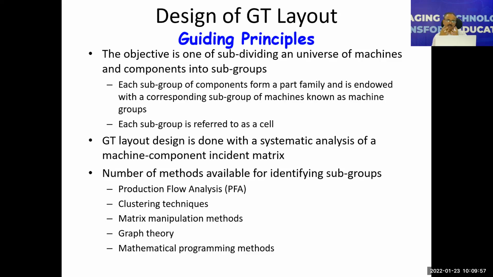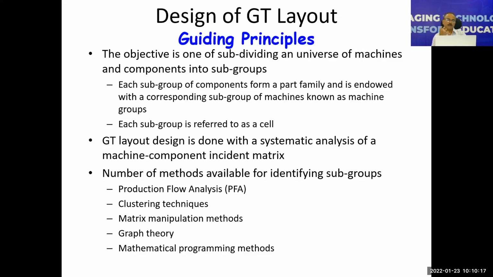If such similarity exists between the different components or parts, we can combine those parts and form a part family. So the objective is subdividing the machines and components into subgroups.